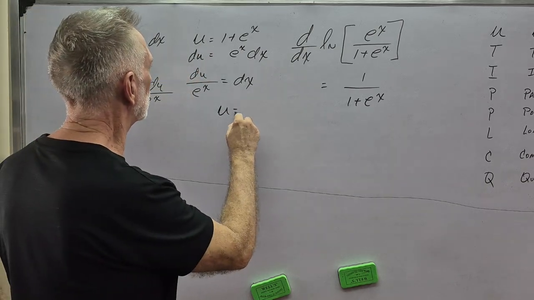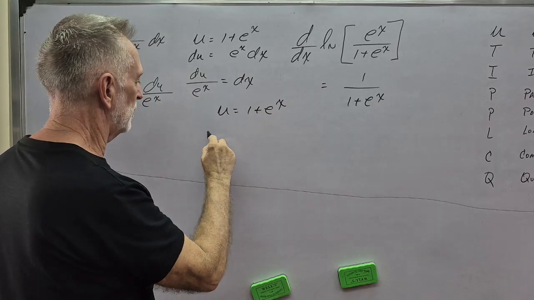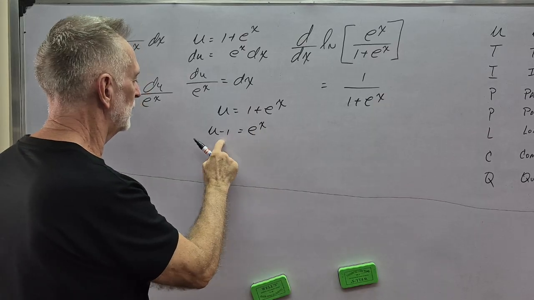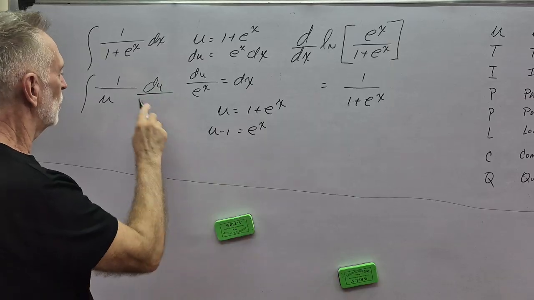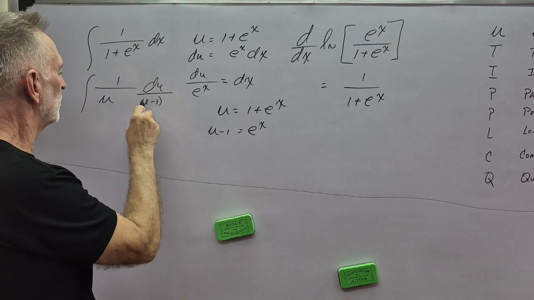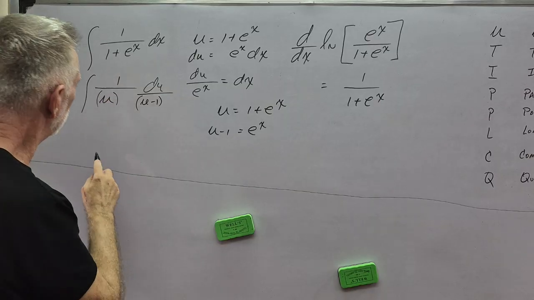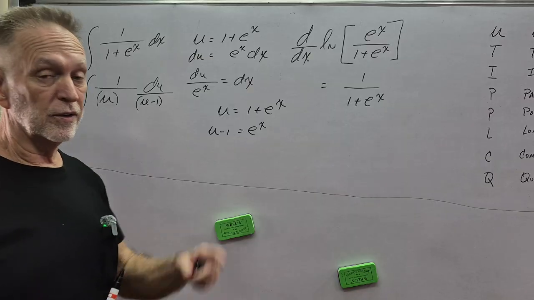I have u equals 1 plus e to the x. Solve it for e to the x. So u minus 1 equals e to the x. So I can replace this e to the x with u minus 1. Awesome. So now I have two linear terms in the denominator.